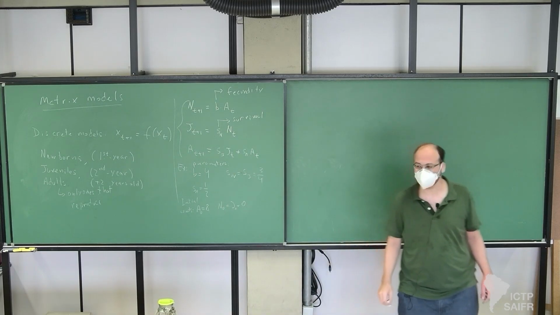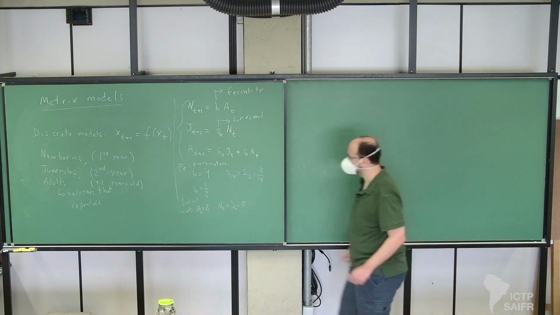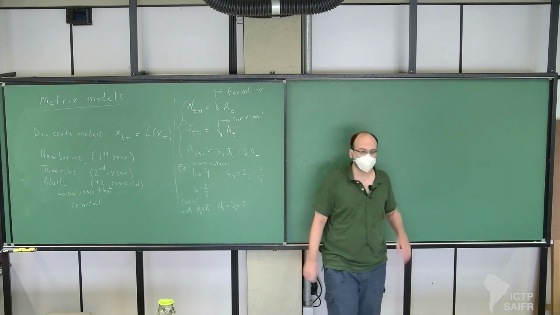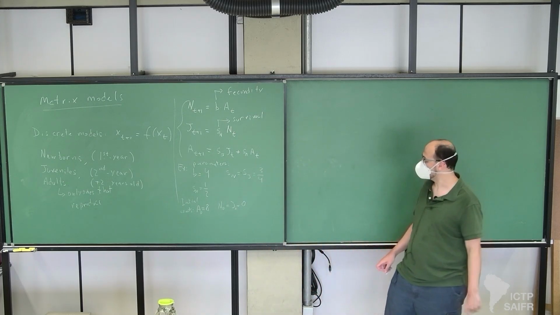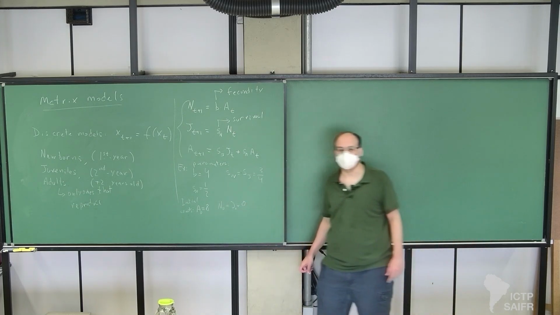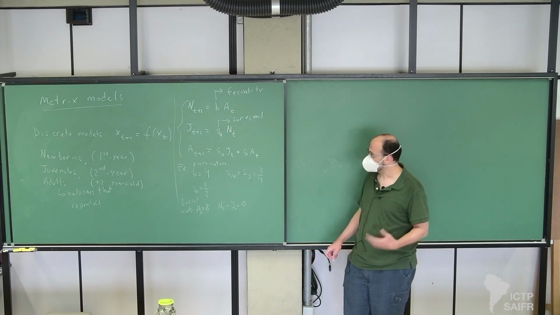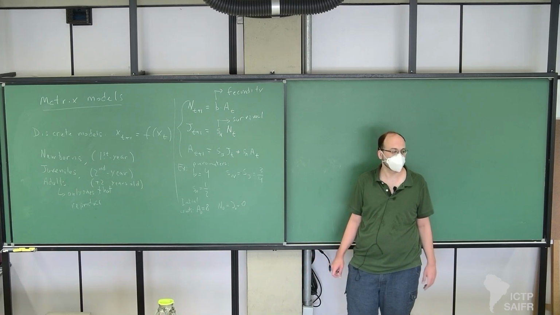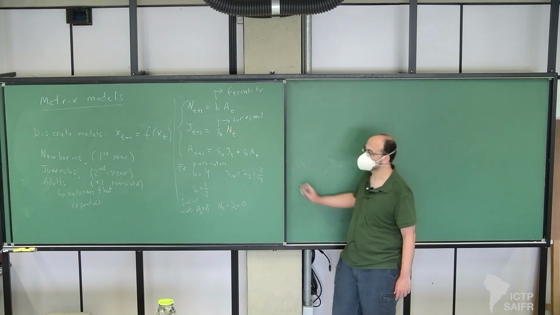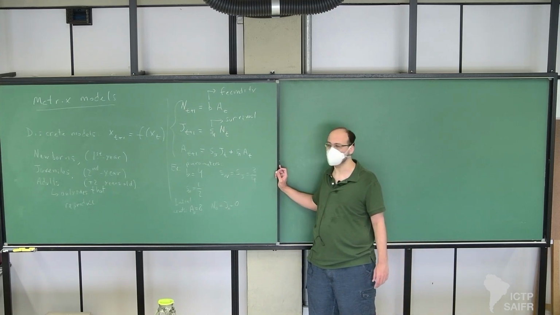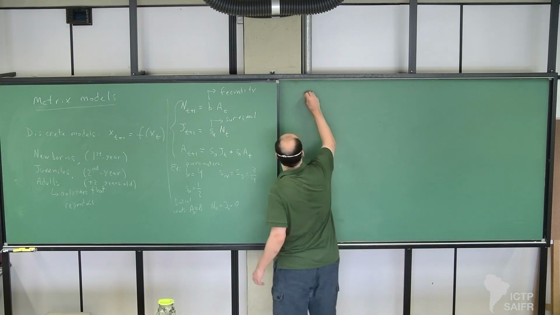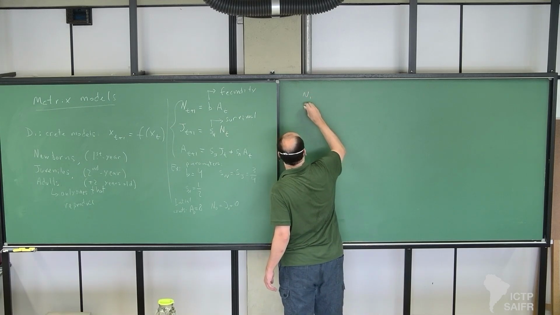So what is going to happen in this situation? I start at the first generation with only 8 adults. What happens in the second generation? This is simple to do, right? What are N1, J1, and A1?